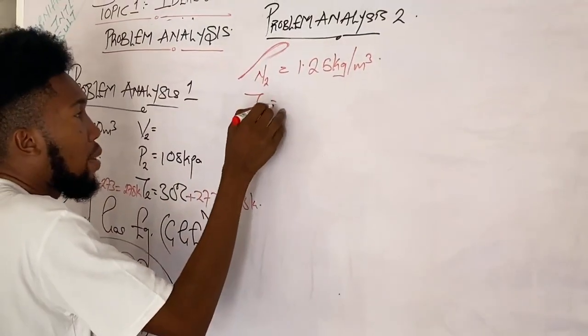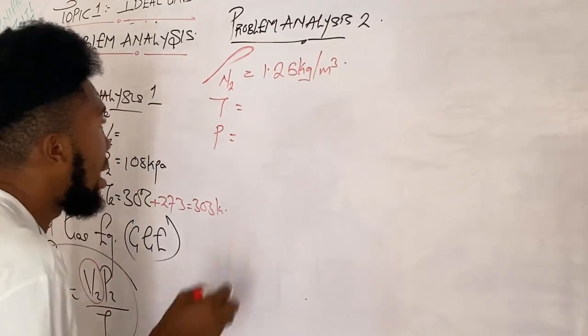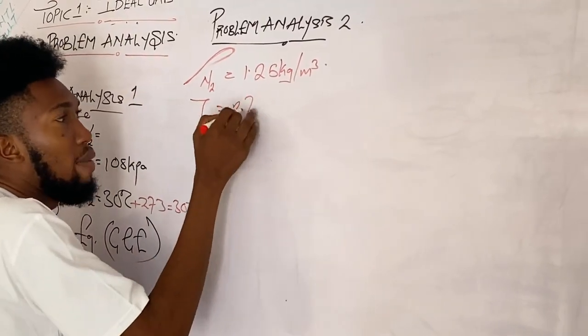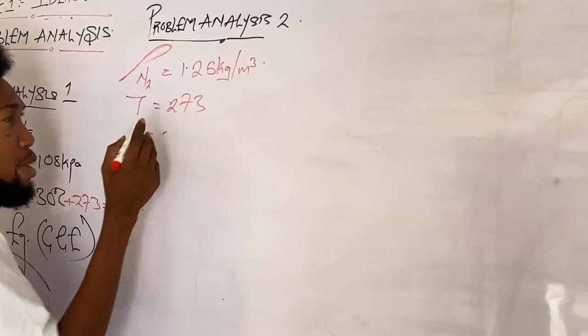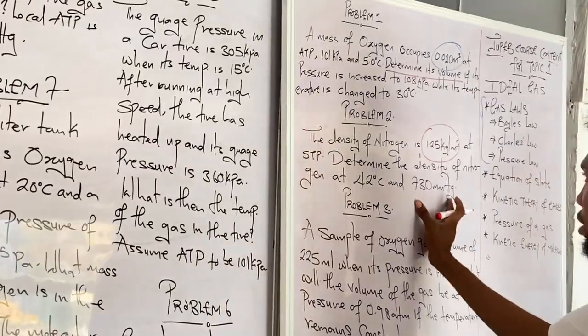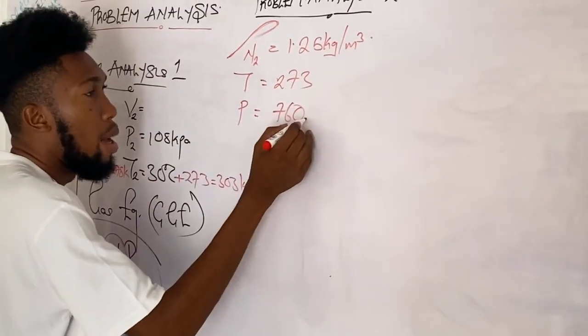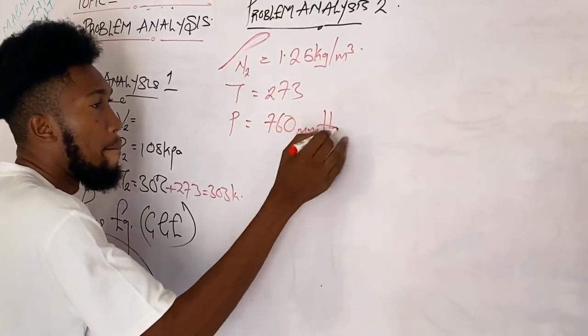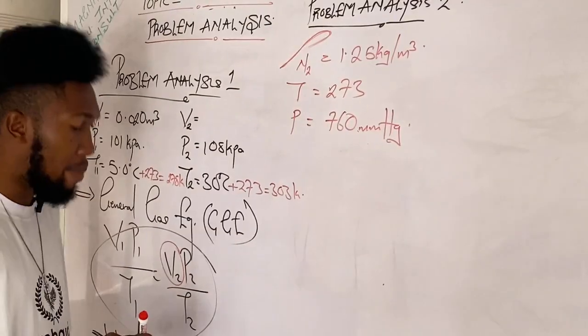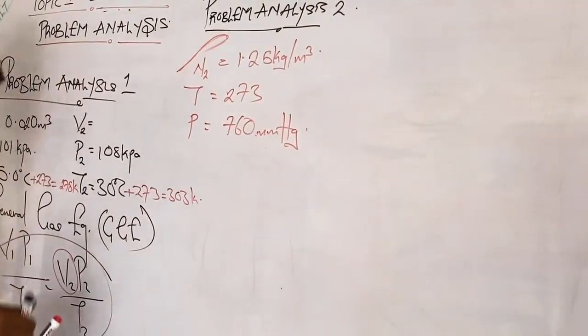So that means the temperature and the pressure are standard. Standard temperature is 273. Standard pressure depends on what we have as our other unit. I can use 760 millimeter mercury, or I can use 101. Since it's given to us in millimeter mercury, I'll be using 760 millimeter mercury as my pressure. That serves as our parameter 1.